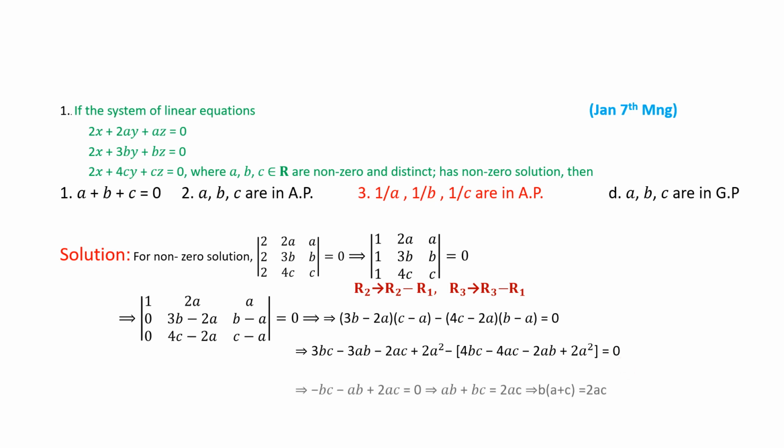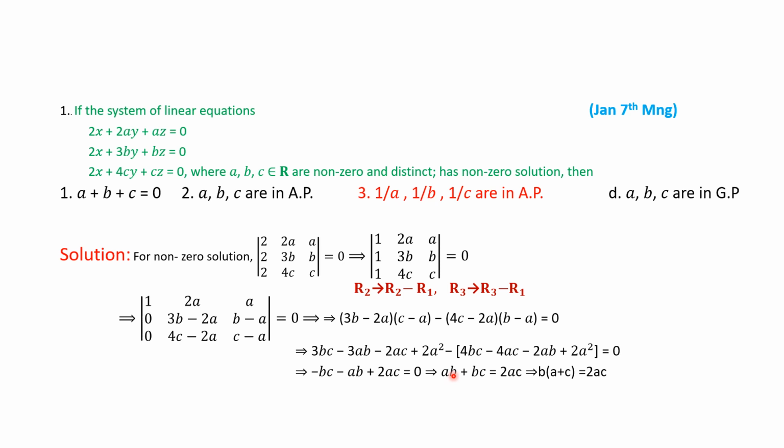Now the next step: 3bc minus 4bc equals minus bc, minus 3ab plus 2ab equals minus ab, and minus 2ac plus 4ac equals plus 2ac, equals 0.